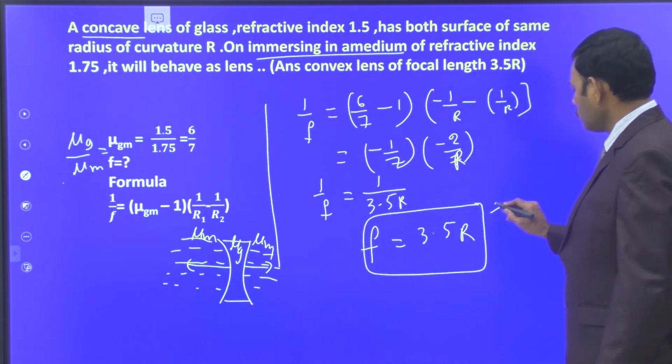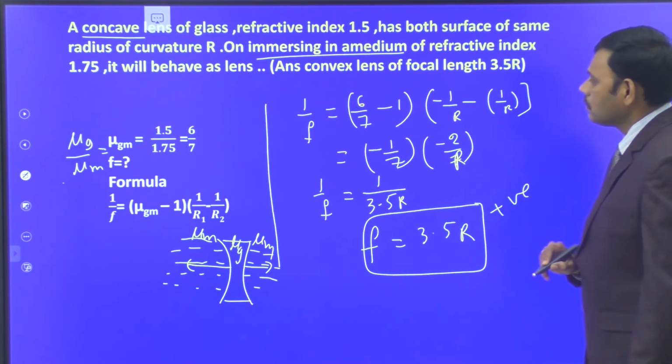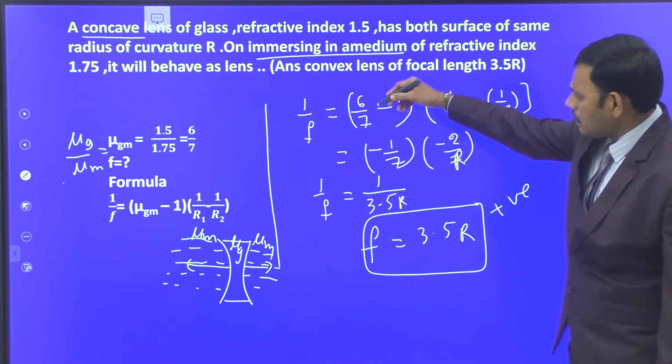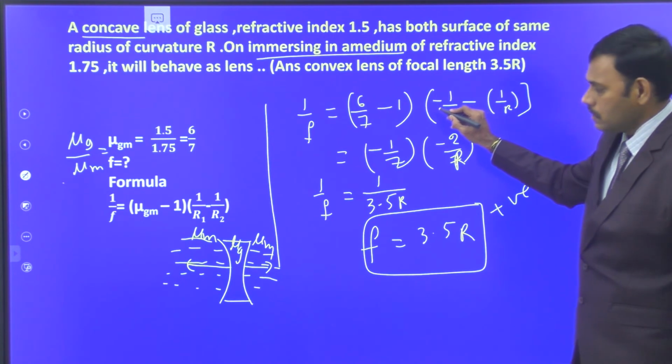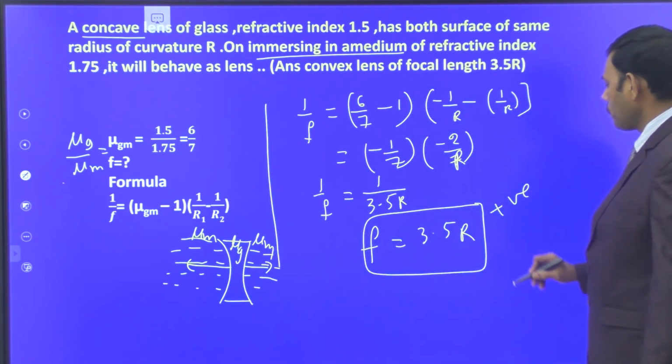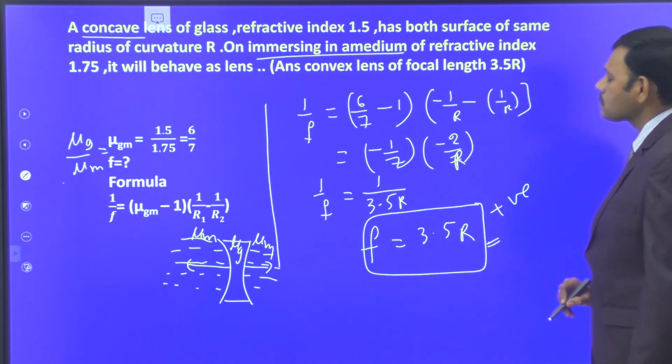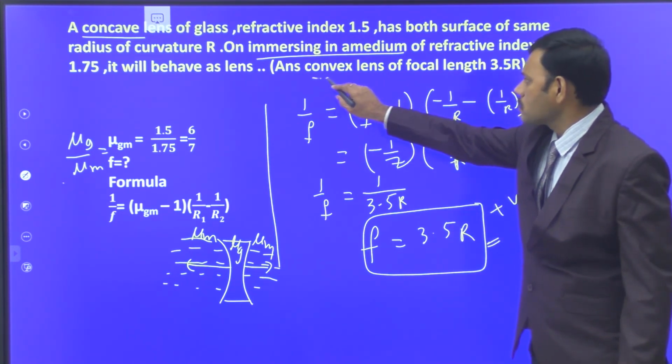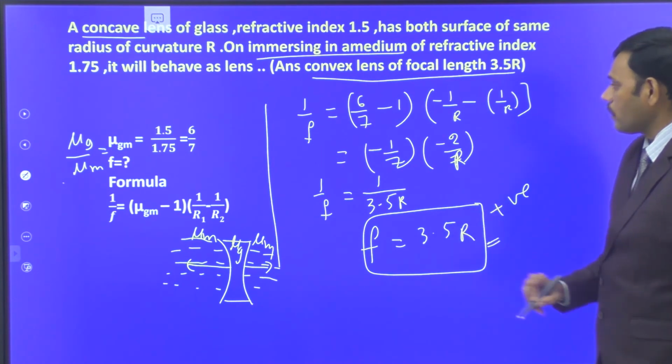So we get positive focal length, and substituting all values with proper sign convention in the lens maker's formula of concave lens, we get positive value. Positive value of focal length shows convex lens. Hence answer is convex lens of focal length 3.5 r.